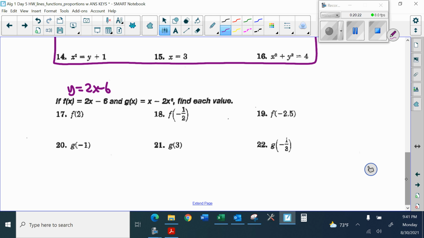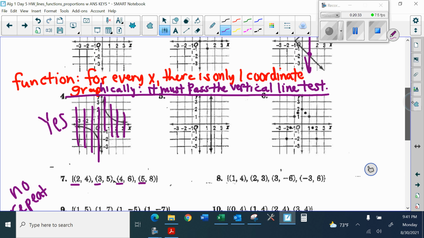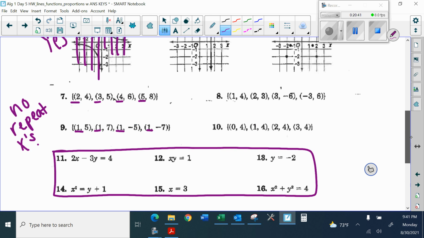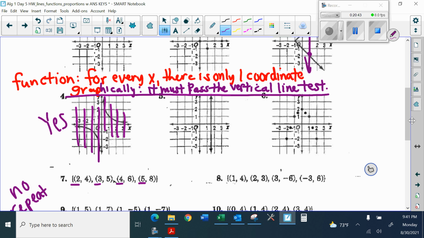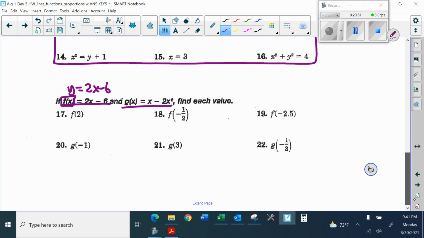The difference is, if it's in function notation, as it is here, that guarantees when I graph an equation, y equals 2x minus 6, it's going to pass the vertical line test. Remember how we tested up here? Is it a function or not? If the answer is yes, that means I could write that equation in function notation. If the answer is no, I could not write it in function notation.